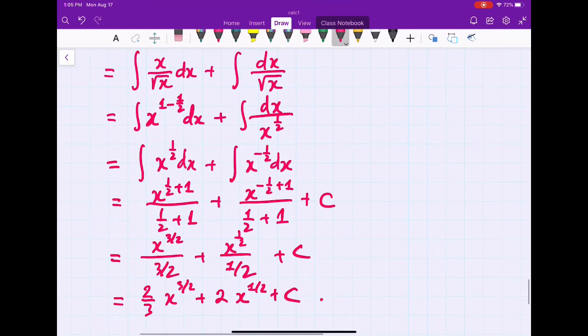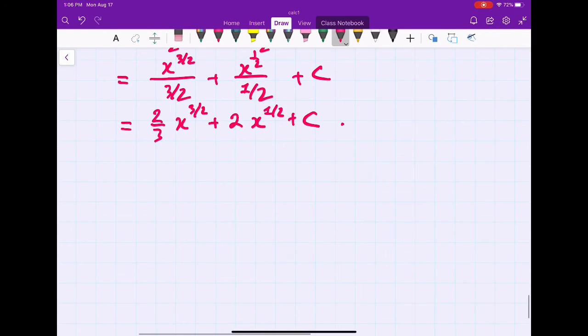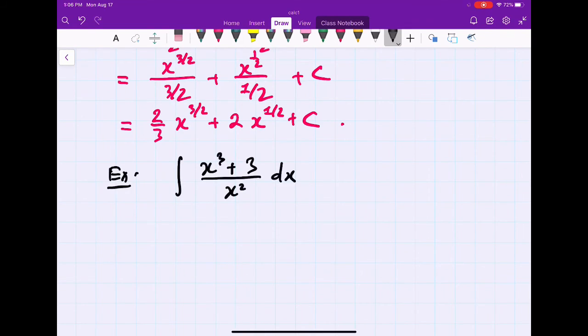Let's do one more example, but just a very slight modification. So you have the integral of (x cubed plus 3) over x squared dx. I'm sorry, I think we have to change a little bit. Let me erase this.